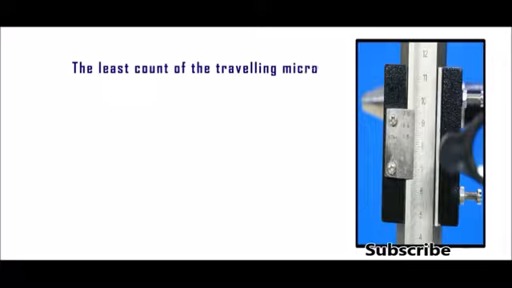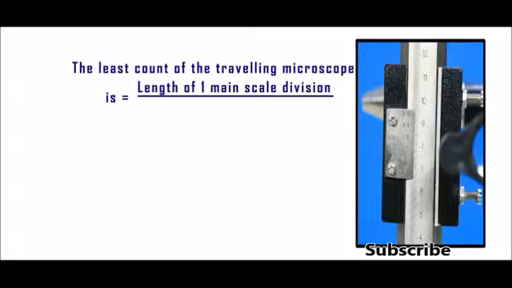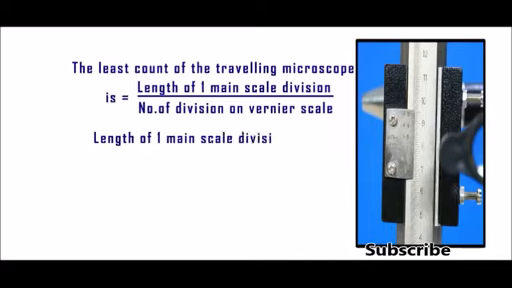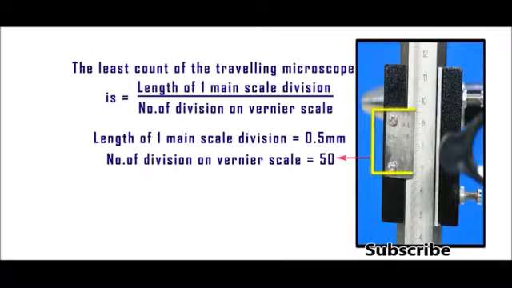The least count of the traveling microscope is the length of one main scale division divided by the number of divisions on the vernier scale. Length of one main scale division is equal to 0.5 mm.